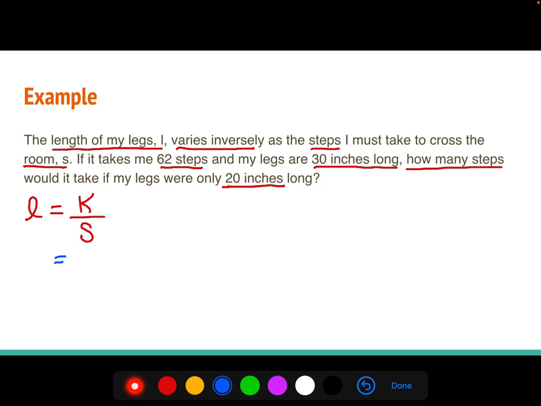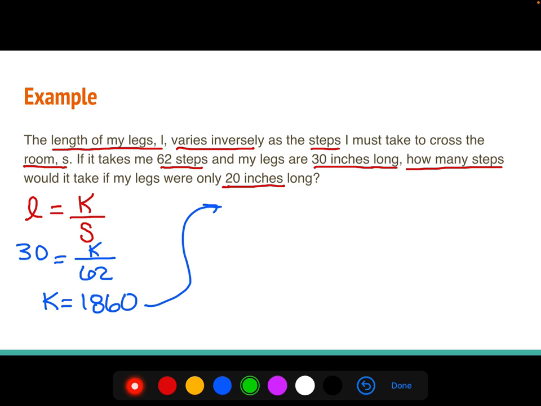Our legs vary inversely with our steps, and we plug in the first set of numbers, 62 steps with 30 inches. When we solved this, we got our constant to be 1860. Now that's only half the problem.